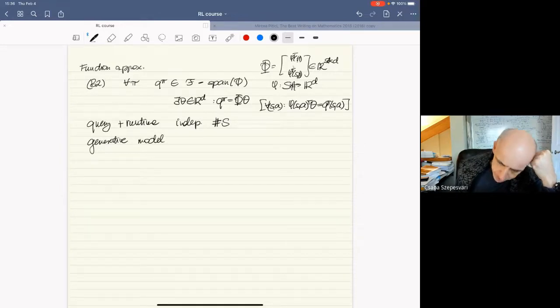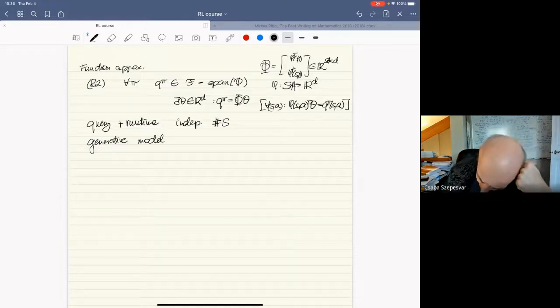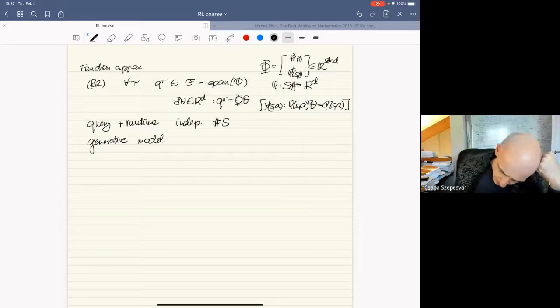Because of the nature of these assumptions that we made, we figured that maybe policy iteration is going to be a suitable algorithm.